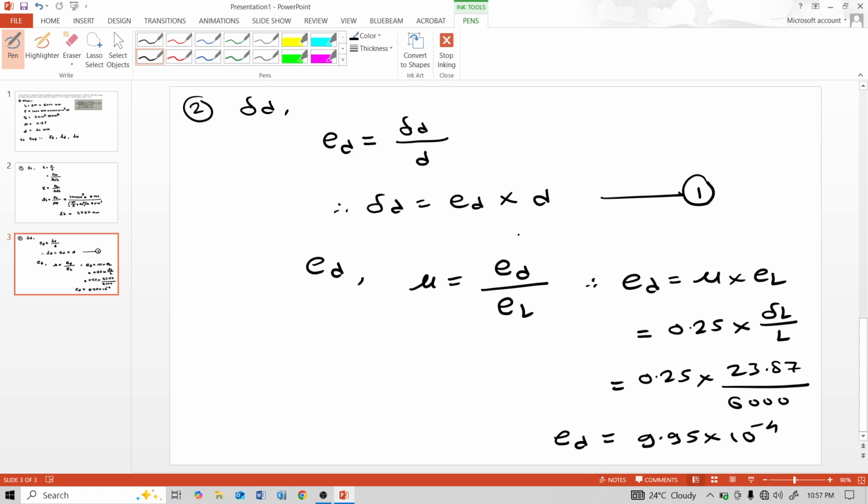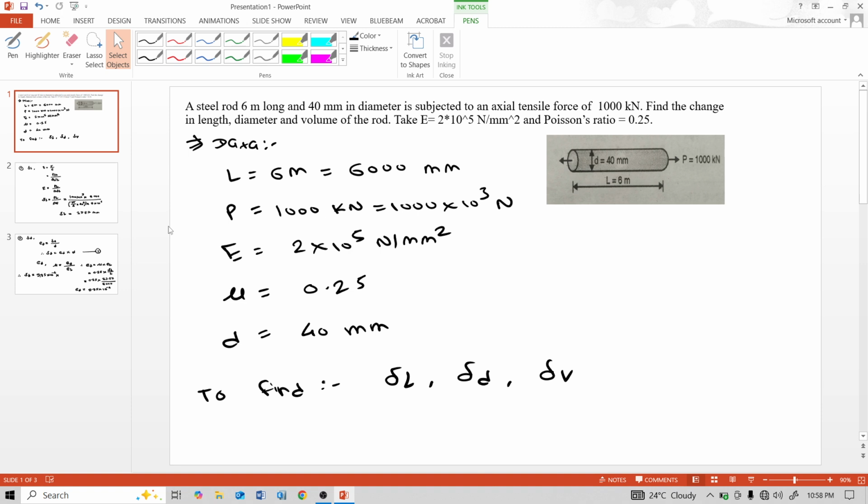And our main objective of step 2 is to find change in diameter. Therefore, change in diameter is equal to, put this epsilon D in equation 1, 9.95 into 10 raised to minus 4 multiplied by diameter of that steel rod, 40 mm.